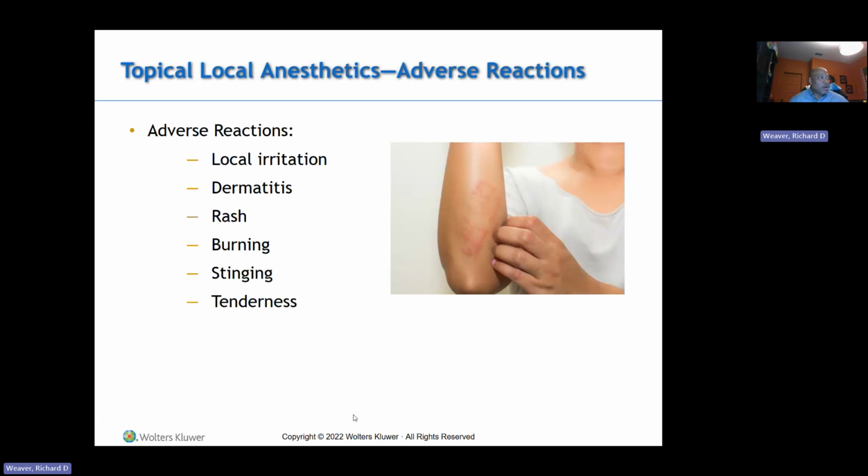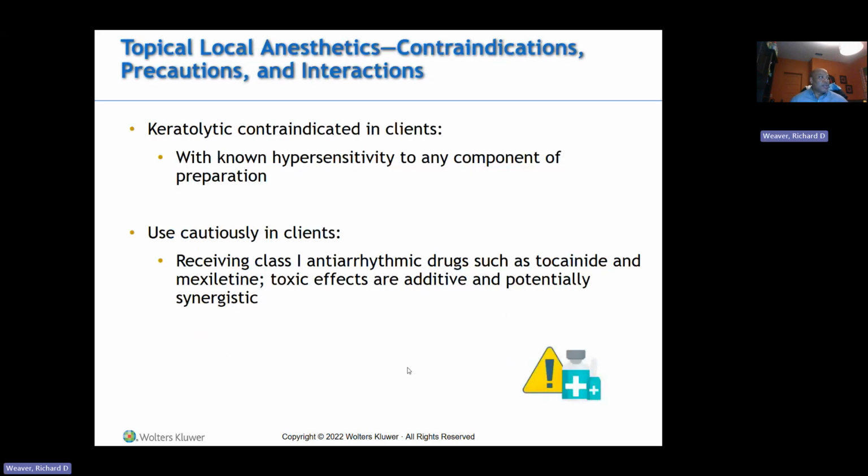The adverse reactions are local here: local irritation, dermatitis, rash, burning, stinging, tenderness. So same old same. Your contraindications, again, hypersensitivity, of course, it's contraindicated. But we use it cautiously in patients who are receiving anti-arrhythmic drugs. You don't need to really know about the anti-arrhythmic drugs.